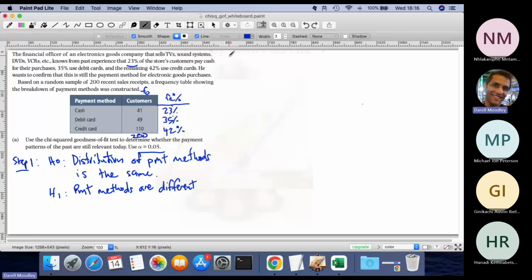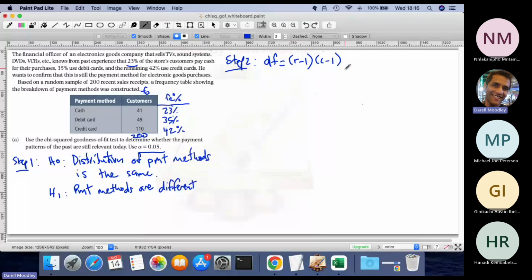Now, step 2 is find the rejection region. Before, up to last week, we had to find something called the degrees of freedom, df. And the formula I gave you to use was r minus 1 times c minus 1.